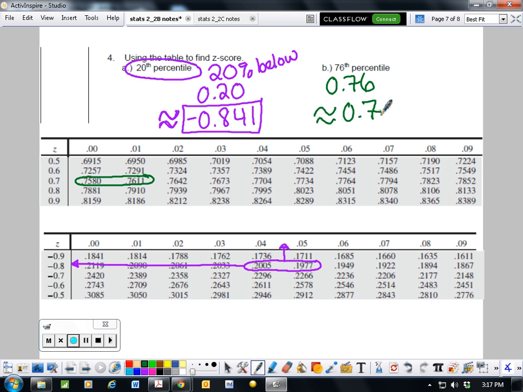And is it a 0.70 or a 0.71? I would probably put a 0.0 and then go closer to that 0.01, so maybe add a higher number like 8. Because again, we're just estimating and we're trying to find the best value possible that would represent that. If you have a hard time estimating that, then just go with a 0.70 or a 0.71. And again, it's still technically correct by using the table.